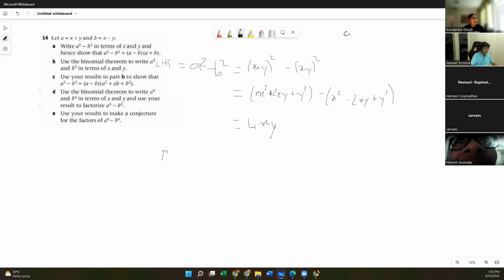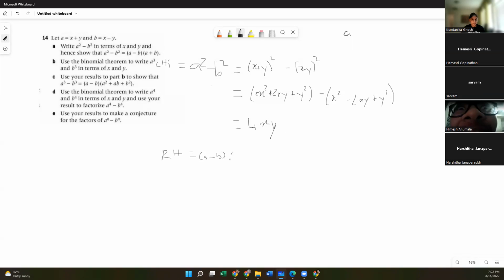Now your right-hand side is (a minus b) into (a plus b). Now, if we rewrite this in terms of x and y, what we get is (x plus y minus x minus y).